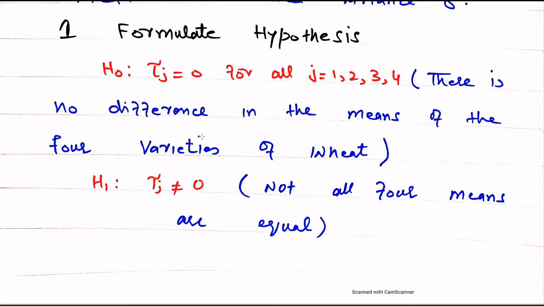H1, Tj not equal to 0, not all 4 means are equal. As you know, the alternative hypothesis is the opposite of the null hypothesis, and it assumes that treatment means are not equal. Not equal sign is used in the alternative hypothesis and equal sign is used in the null hypothesis.